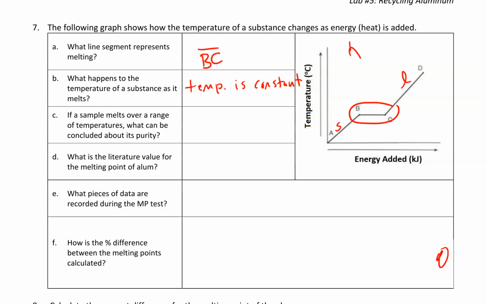Ideally, once a substance starts to melt, it hits point B. It will not experience an increase in temperature until every molecule has gone from the solid phase to the liquid phase. That energy that we're adding is being used to compromise the intermolecular forces between molecules, not increase the temperature. So if the sample melts over a range of temperatures, you can conclude that it is not very pure.